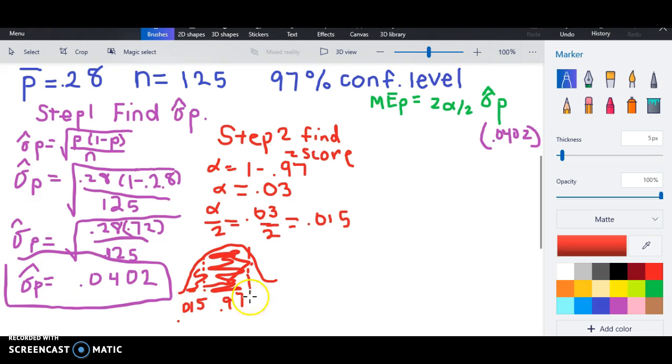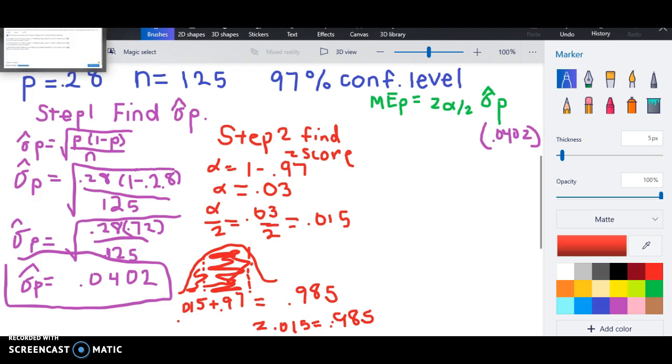So if we want to know everything to the left, we would add these two together, so we're looking at 0.985 when we go to our table. So we want to find the z-value associated with the 0.015. The magical number here is 0.985 when we go to our table.